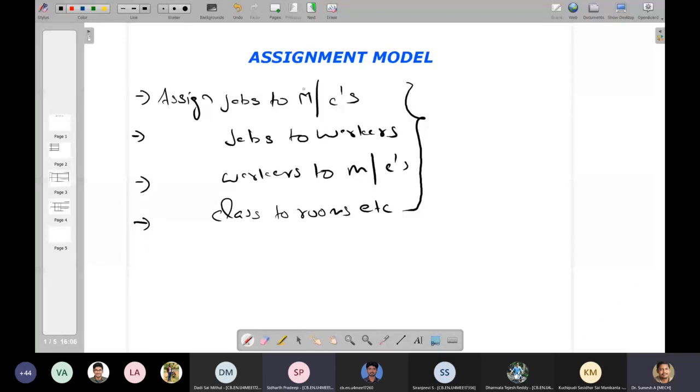So we are expecting a perfect output. Efficiency also will be more. Yes, we are expecting a perfect output by assigning, that is, a right job to a right machine to a right worker.